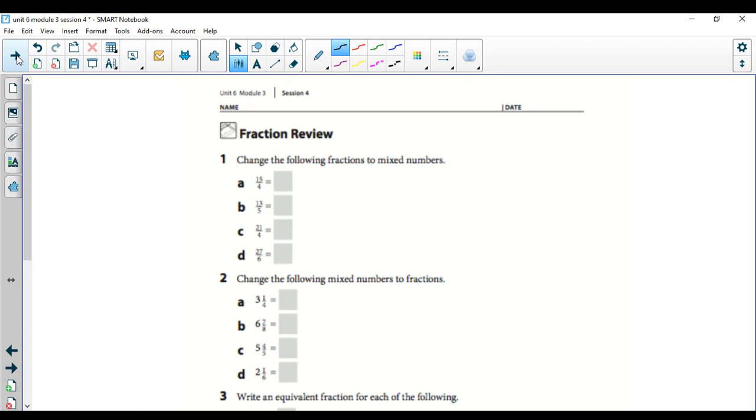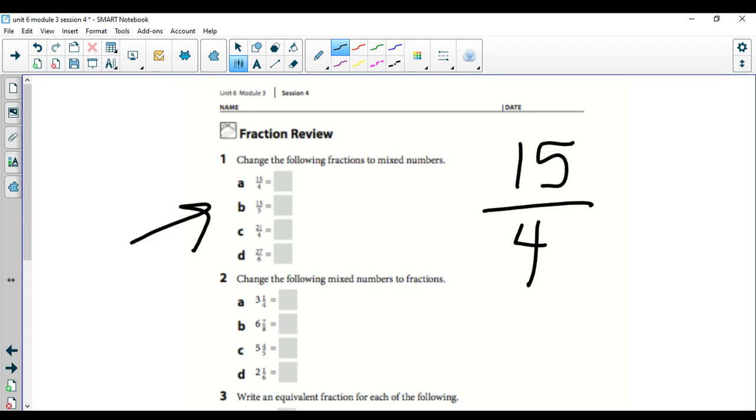Okay, so I don't waste your time, let's get to the fraction review. Number 1, oh, you guys, I just want to remind you how to change mixed or improper. These are improper right now. And turn them into mixed numbers. So the first one, it's hard to see, is 15/4.